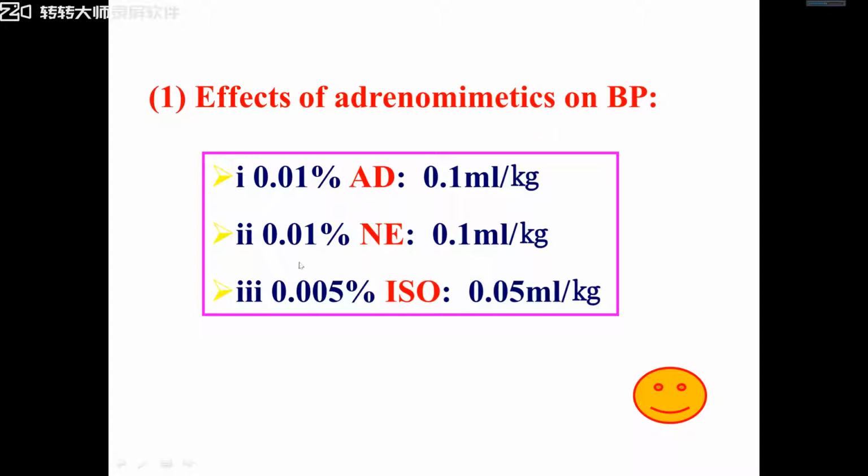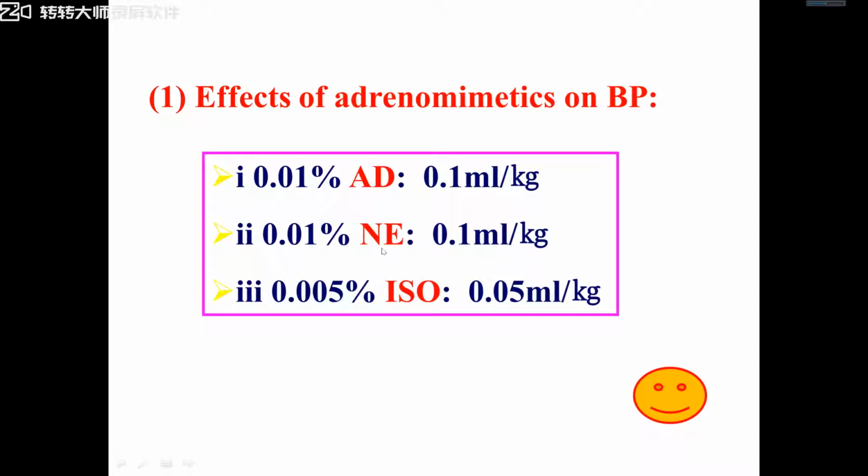After we inject adrenaline, the second drug is noradrenaline, which we will intravenously inject at 0.1 milliliter each kilogram.